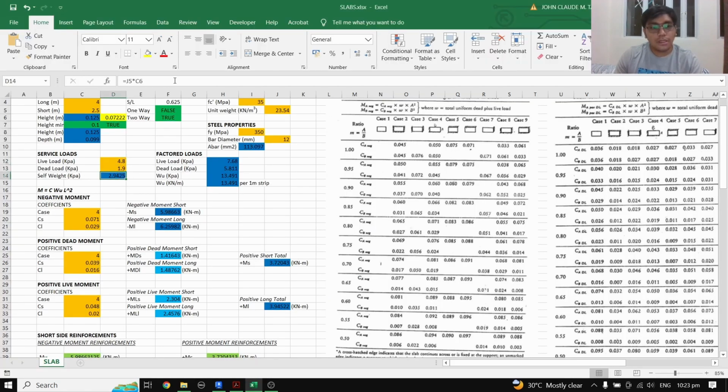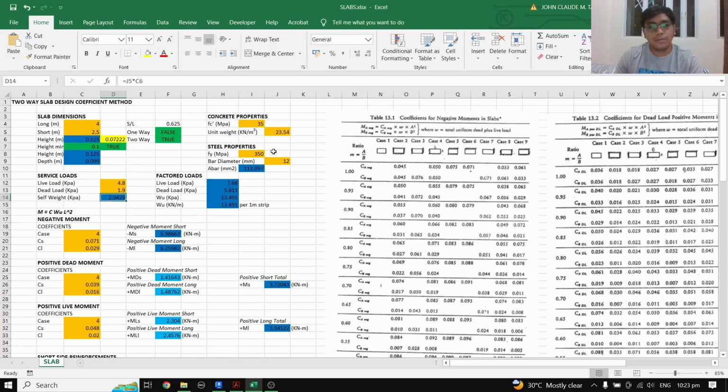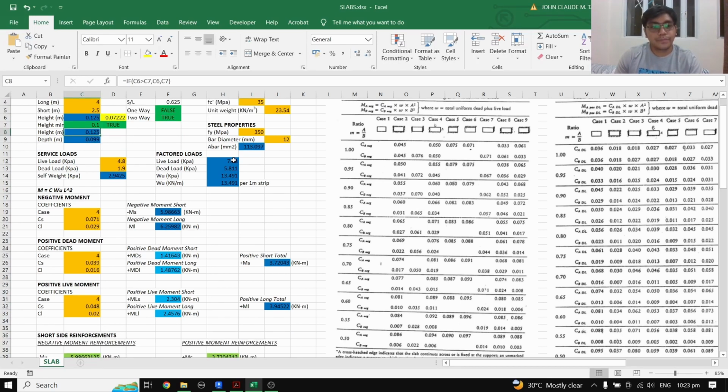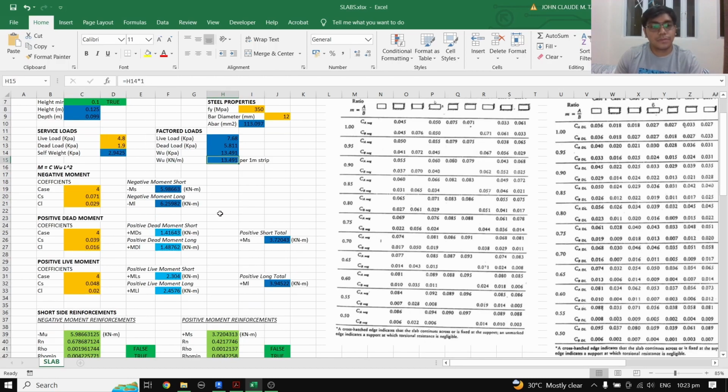Next, our self weight is gathered by multiplying the unit weight and the governing thickness of the slab. And our factored loads are automatically calculated.